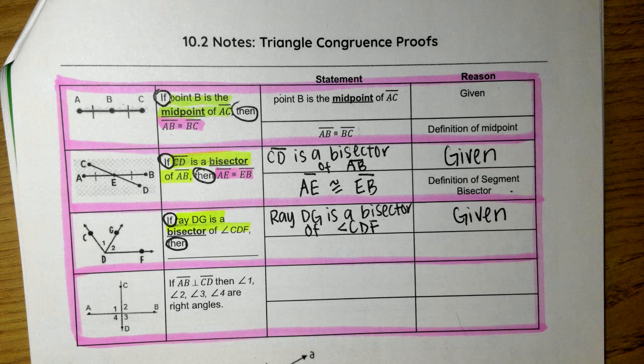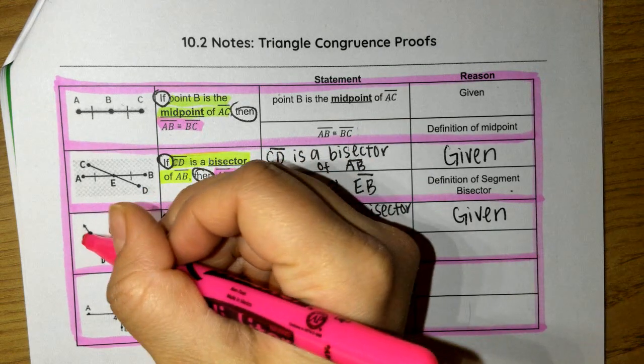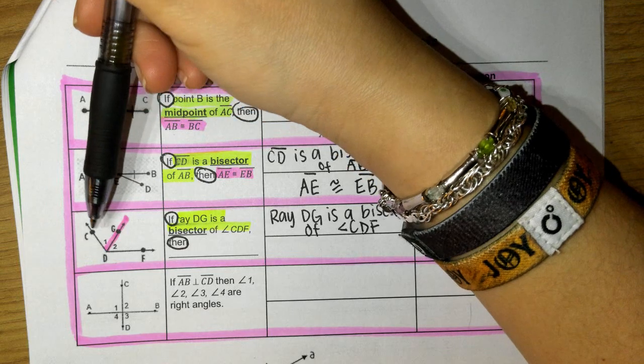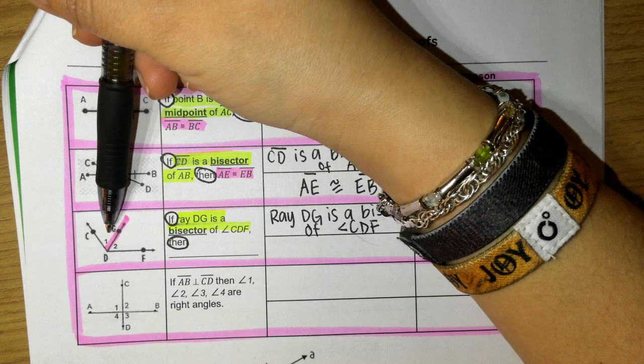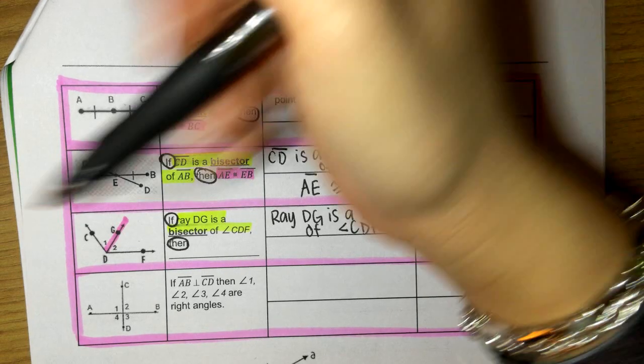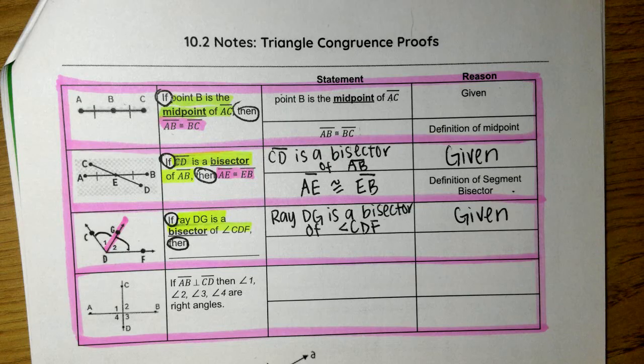Then what happens? Here's my ray. It's cutting through this big angle, CDF. And notice it creates two different angles now, angle 1 and angle 2. I know that anything that acts as a bisector will give me two equal parts. And in this case, I got two equal angles.